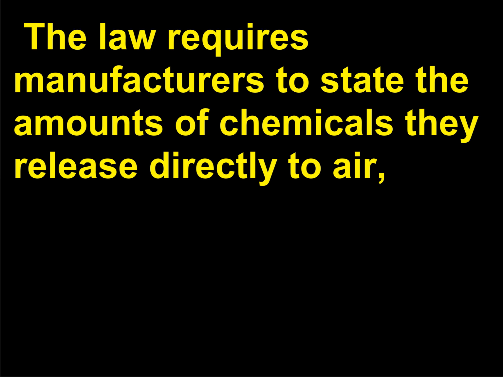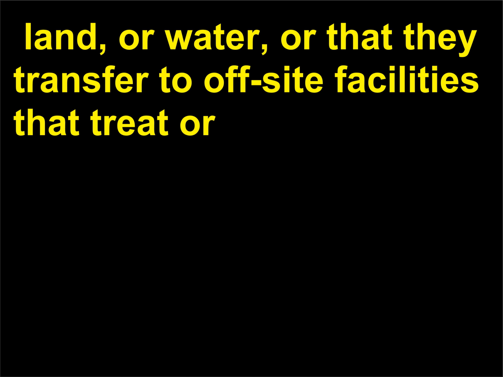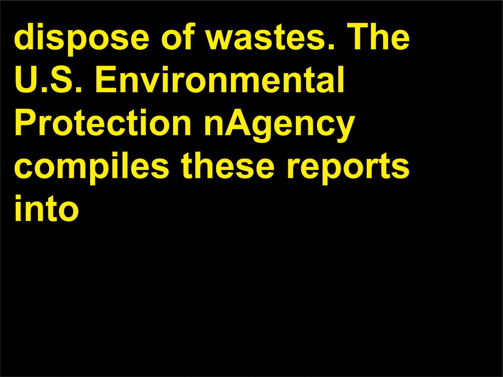The law requires manufacturers to state the amounts of chemicals they release directly to air, land, or water, or that they transfer to off-site facilities that treat or dispose of wastes.